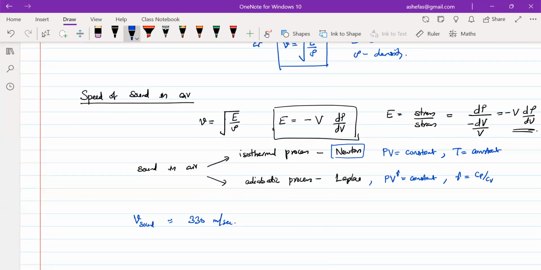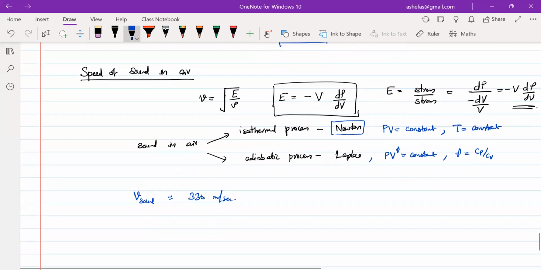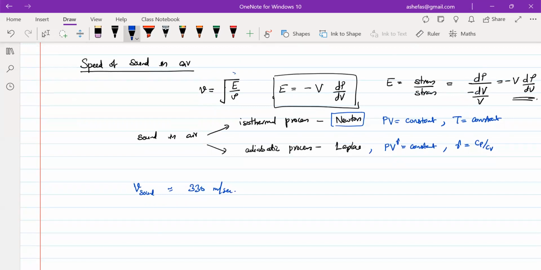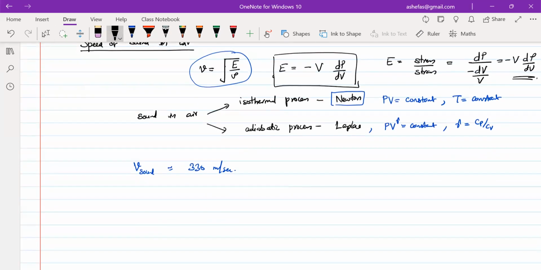If we get 330 meters per second by using this expression, that means the theory is correct. So first we can check Newton's idea.